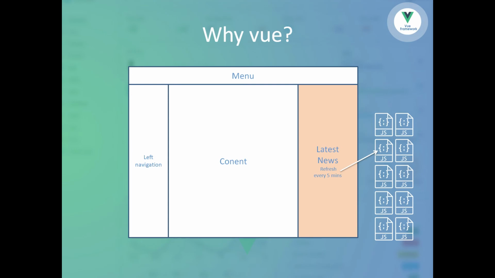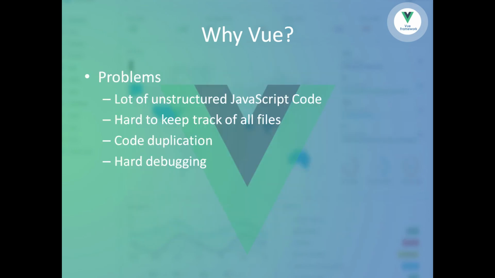Let's check those problems. First of all, you will have a lot of unstructured JavaScript code because you are generating lots and lots of these JavaScript files. Sometimes it's really hard to keep track of all these files, because imagine that you are working in a team with 100 people. Then imagine how many of these files you will have at the end of your project. And because there are a lot of developers working on the same code, sometimes you will have a lot of code duplication.